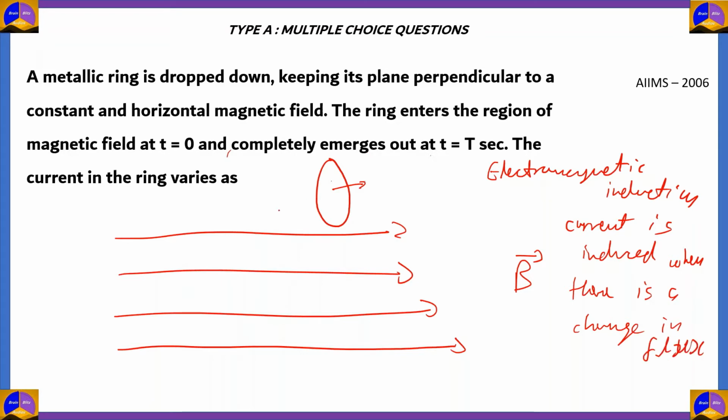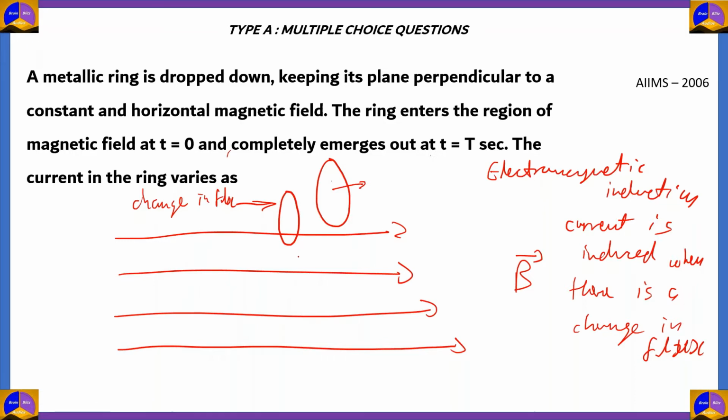Now, at time t equals 0, the ring started to enter the magnetic field. So therefore, there is a change in flux. So therefore, we found out that there will be an increase in the current present in the ring.